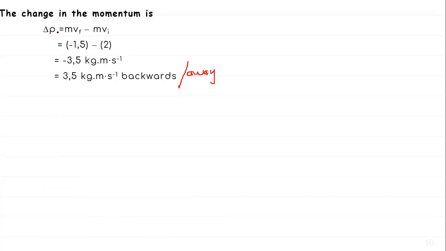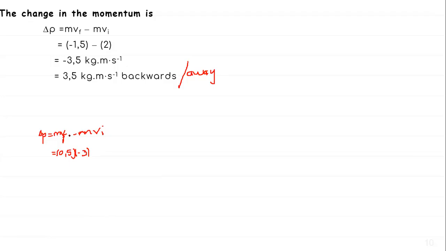Another learner could have just done it straight away from this formula where delta P is equal to mvf minus mvi. Then you say the mass is 0.5. The final velocity, remember, it was 3 meters per second away from the wall, so it's a -3.